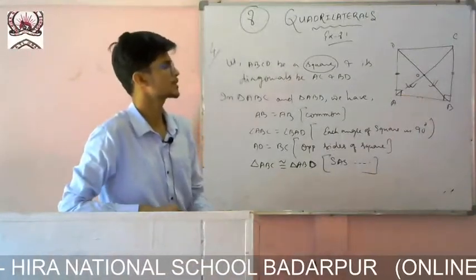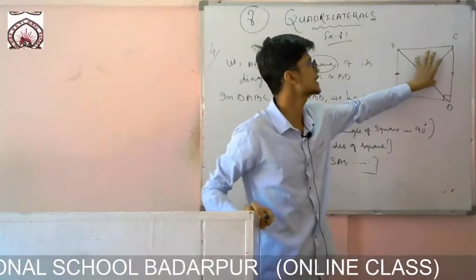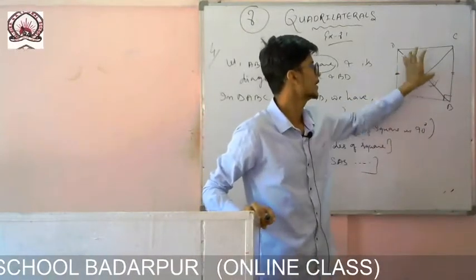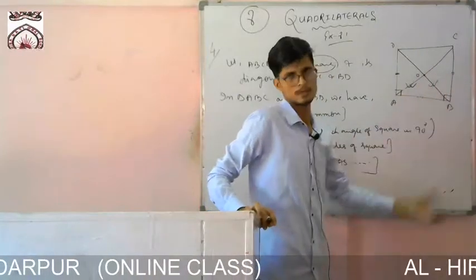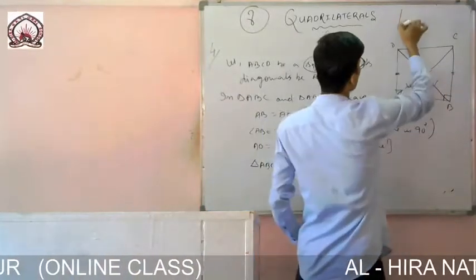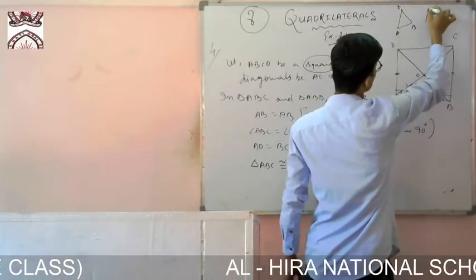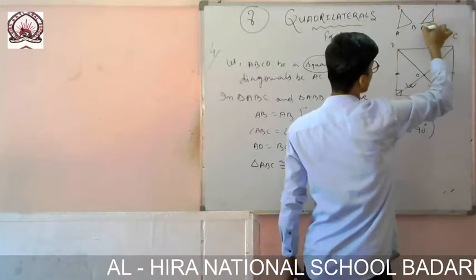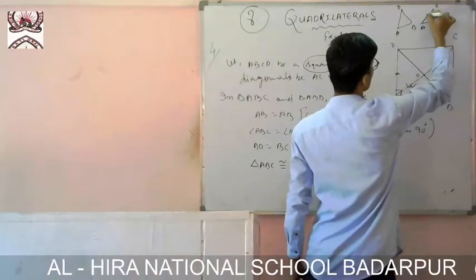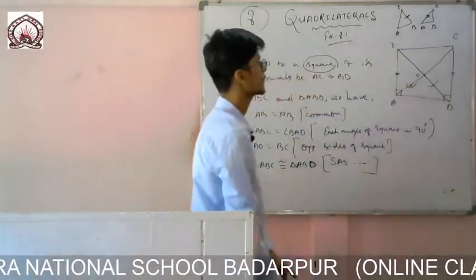Since these two triangles are congruent, the side BD in triangle ABD is equal to the side AC in triangle ABC, and these two are the diagonals of the square.